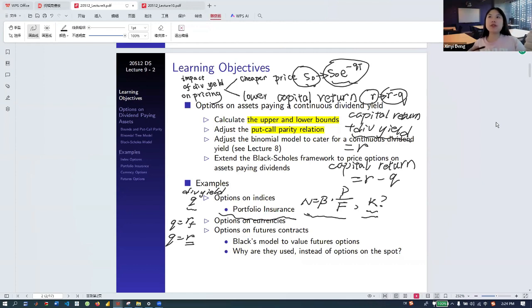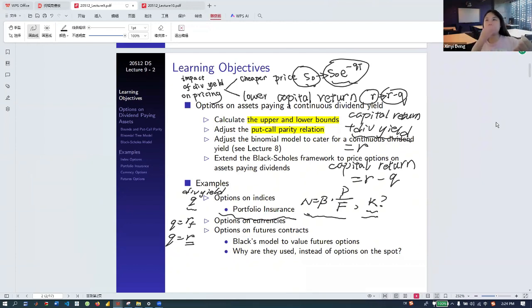So that's the first intuition. It's just that dividend is reducing the prices. When time evolves, you can just put that impact at the beginning. So you can just assume that the price is reduced at the beginning. Hopefully that's a more clear explanation.